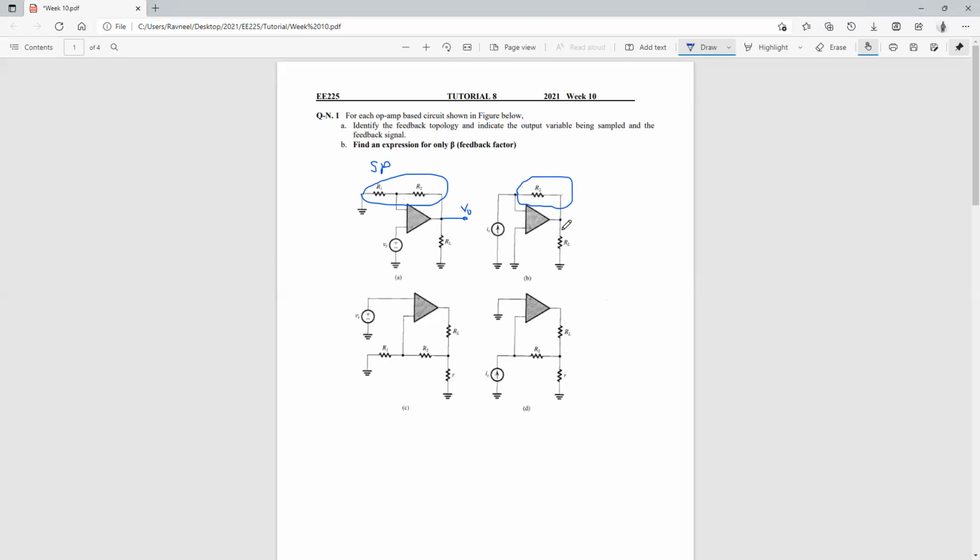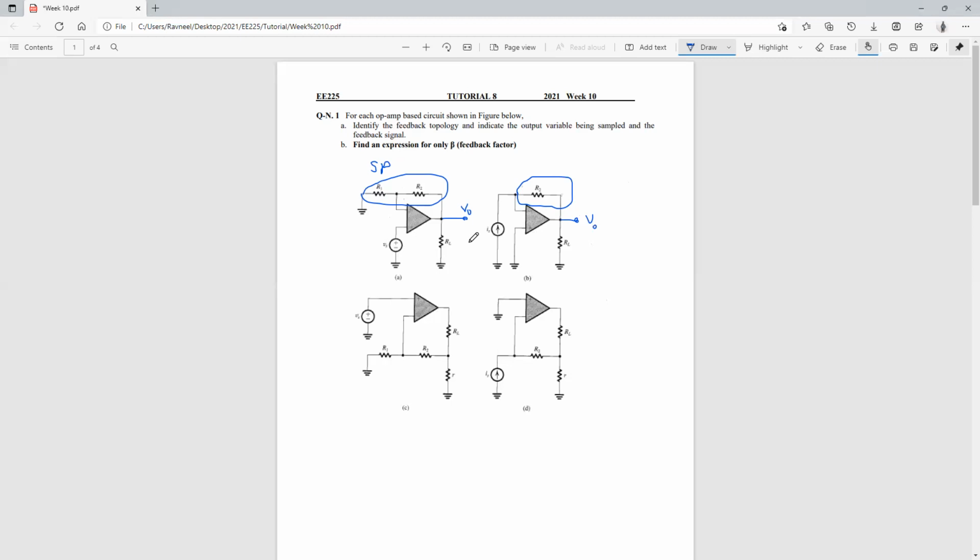So your parallel will be across this RL circuit. If you compare the feedback with your output at this particular point, this is what we are going to get, Vout. If you just draw a line across over here, you can see that your feedback system is in parallel, or in shunt, with your output.